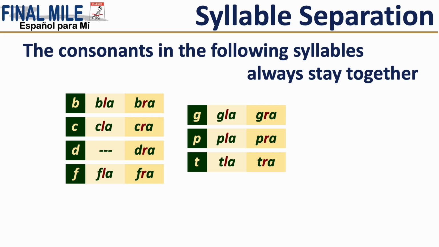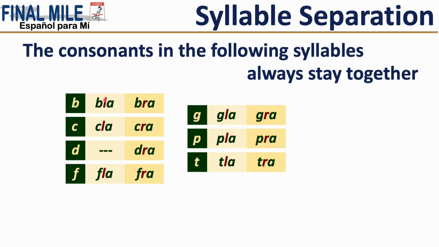Remember this? These are the compound syllables, okay? These cannot be separated. So when you see them, and the other rules say that you should separate it here, no. Okay? The first question that we're going to ask ourselves is, is it one of these syllables? And if it is, we do not break it.